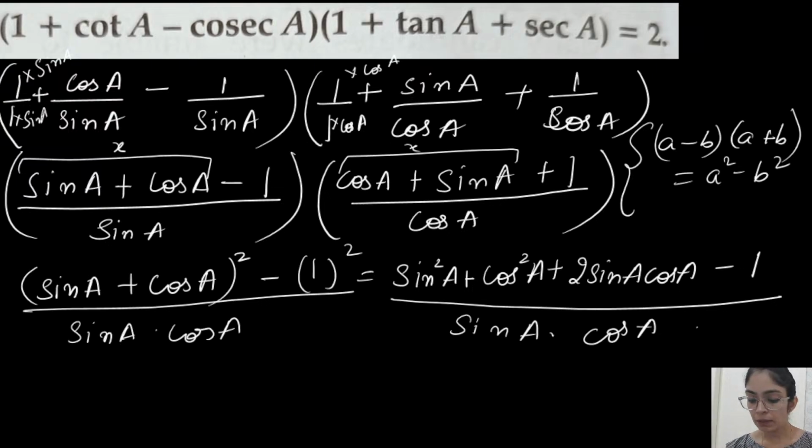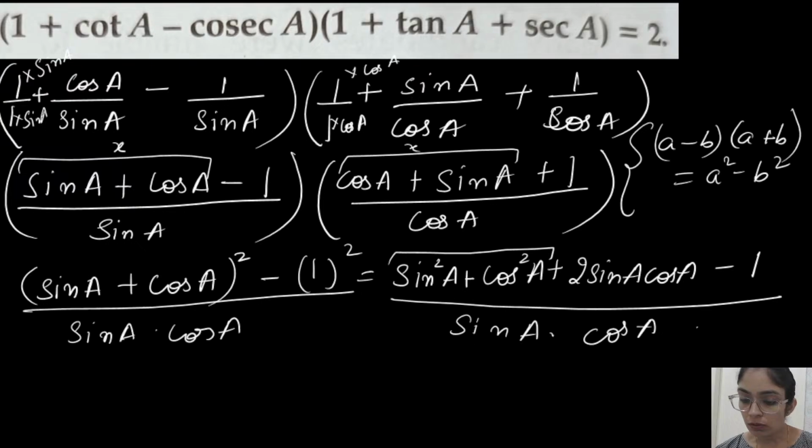So we have applied a minus b whole square now. Here again a square plus b square, which is sine square plus cos square, which we have already done. Its value is equal to 1, so I am just going to substitute.